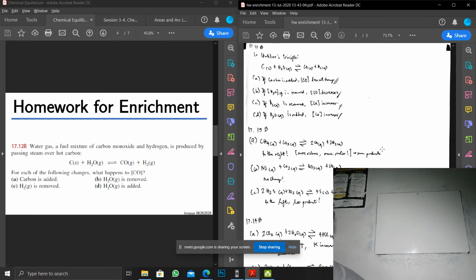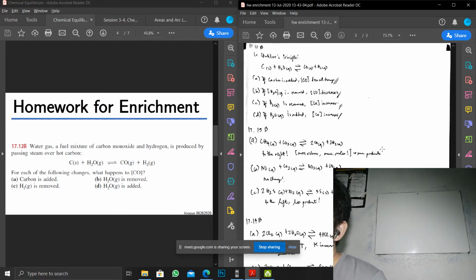Therefore, CO must decrease. If H2 is removed, dahil na-remove siya, dapat yung equilibrium natin towards the right na. So, CO increases. And lastly, for water, pag nagdagdag tayo ng water vapor, equilibrium shifts to the right.